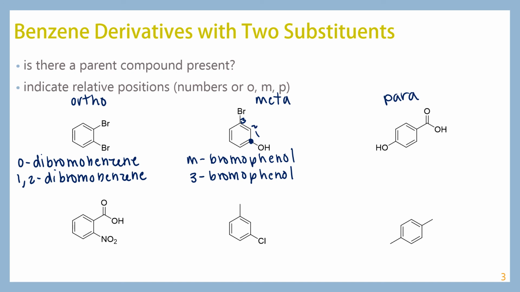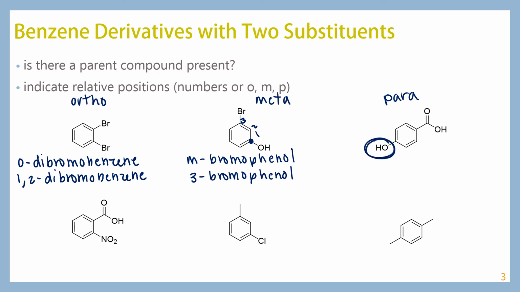In our next compound, we have two parent compounds present actually. We have phenol and we have benzoic acid. Benzoic acid is going to have the priority over phenol. And they're in the para position.